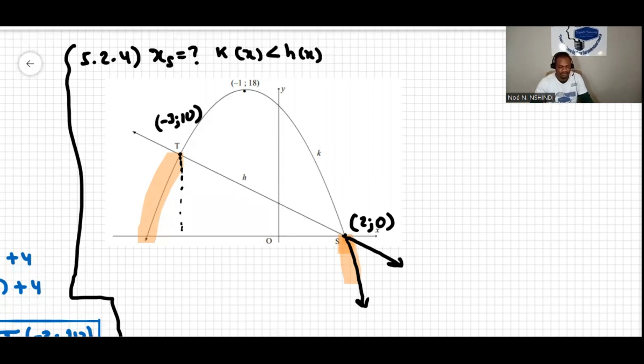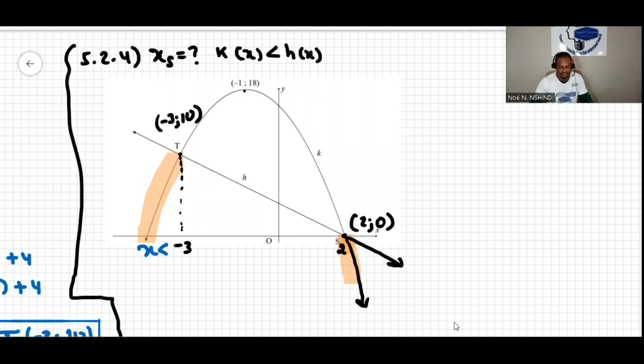Now over here the x coordinate is -3 and there the x coordinate is just 2. Now we will say that it is true when x is lesser than -3 and when x is more than 2.